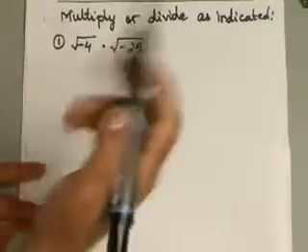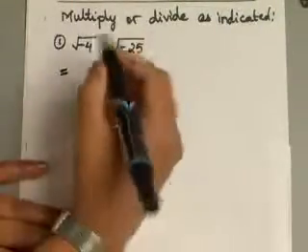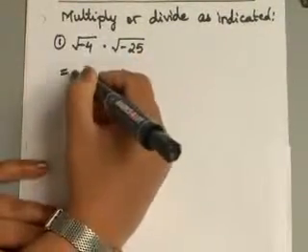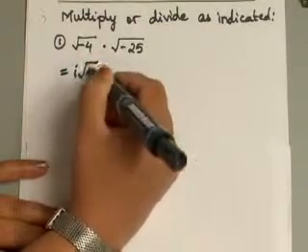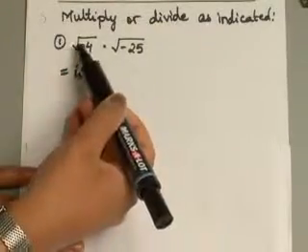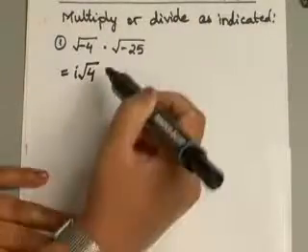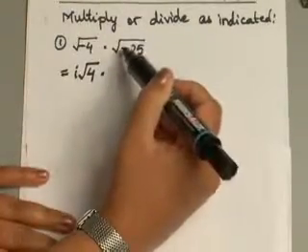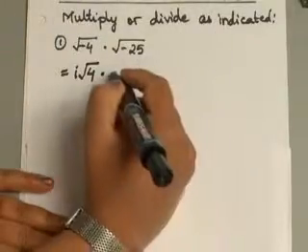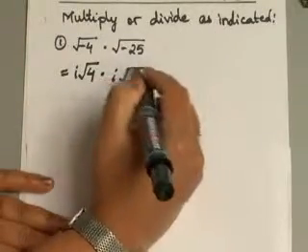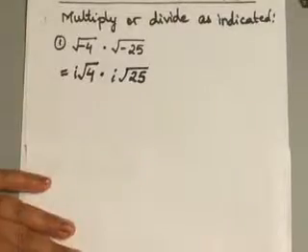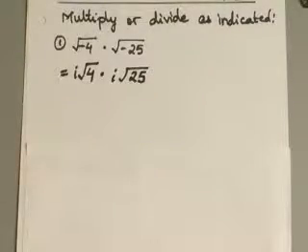So just like we saw in that example, we'll go ahead and write square root of negative 4 as i times square root of 4, because again, remember, the negative 1 as a square root will come outside as i, and square root of negative 25 will be i times square root of 25.